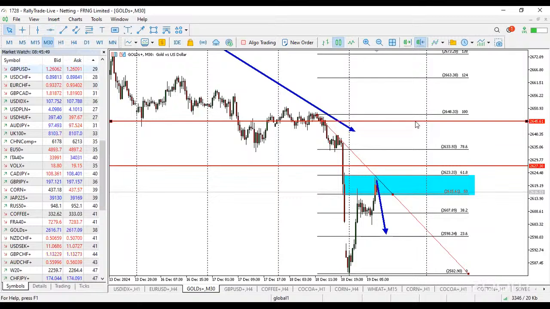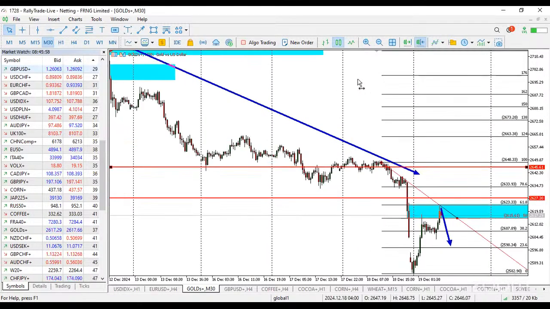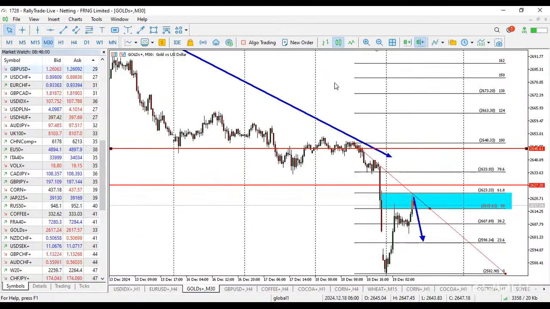So that means you entered this gold, maybe yesterday. Now, before you entered this gold to buy, it was already on a downward trend. So that means you don't trade with your trend, right? Or you're trying to catch an early reversal. No, you don't do that. At this 2645, the market was already trending downward.